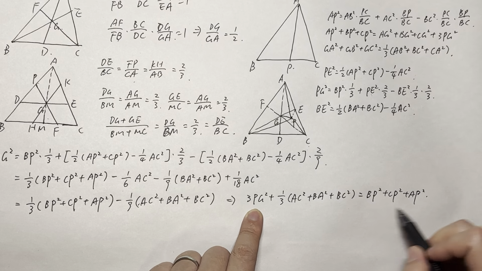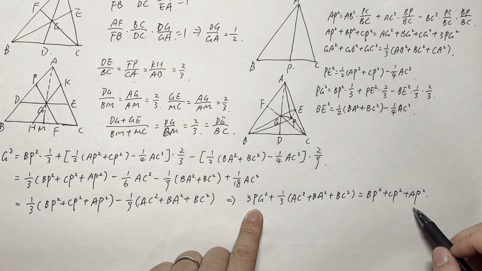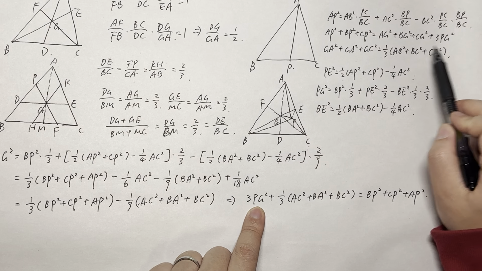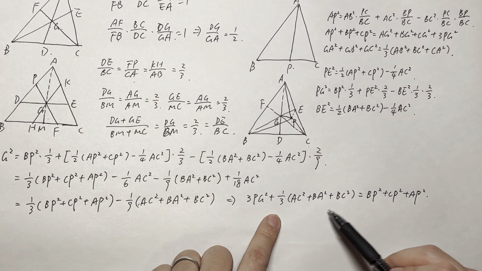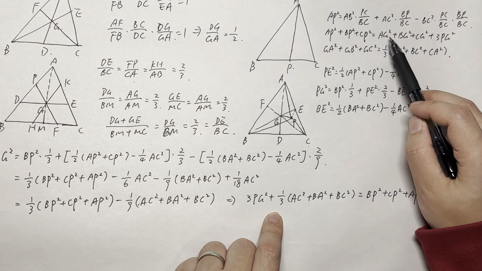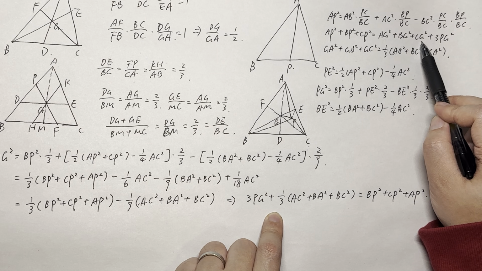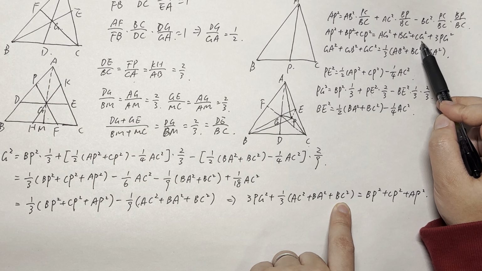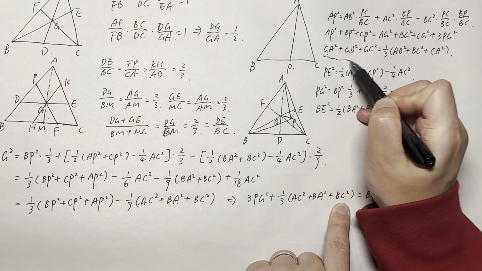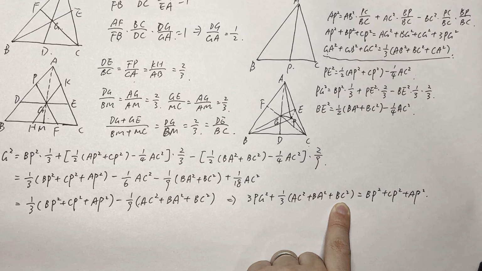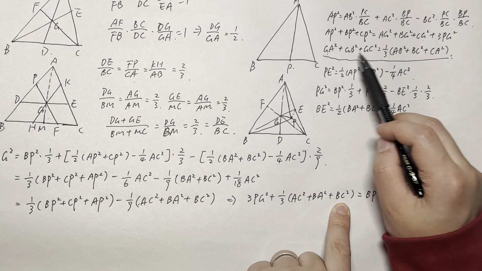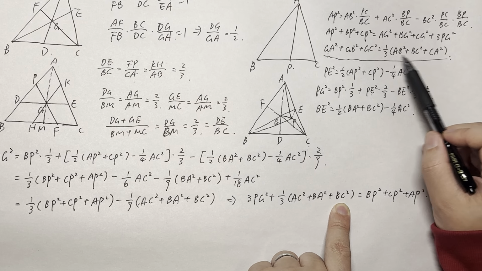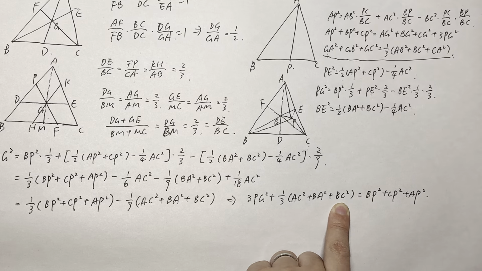We want to prove that the summation of AP, BP, CP squared equals 3PG squared plus AG squared plus BG squared plus CG squared. But here we have 1/3 of AC squared plus BA squared plus BC squared, which is actually the second question, right? So we want to find GA, GB, GC squared with AB, BC, CA, right?